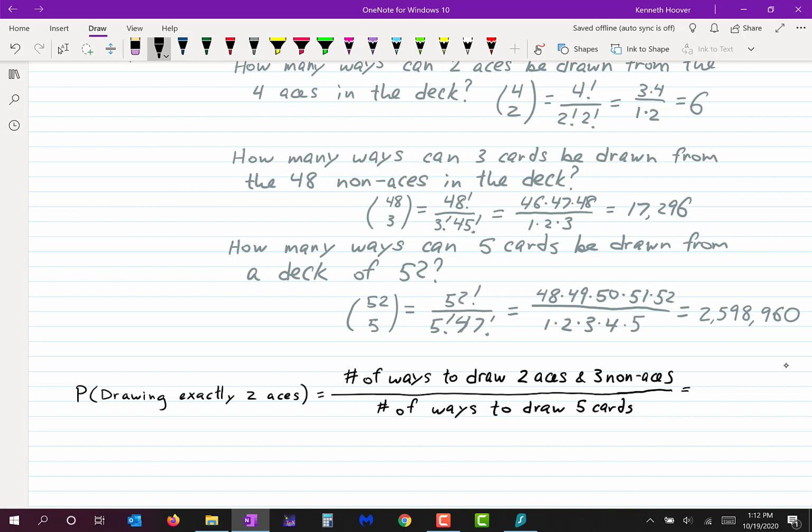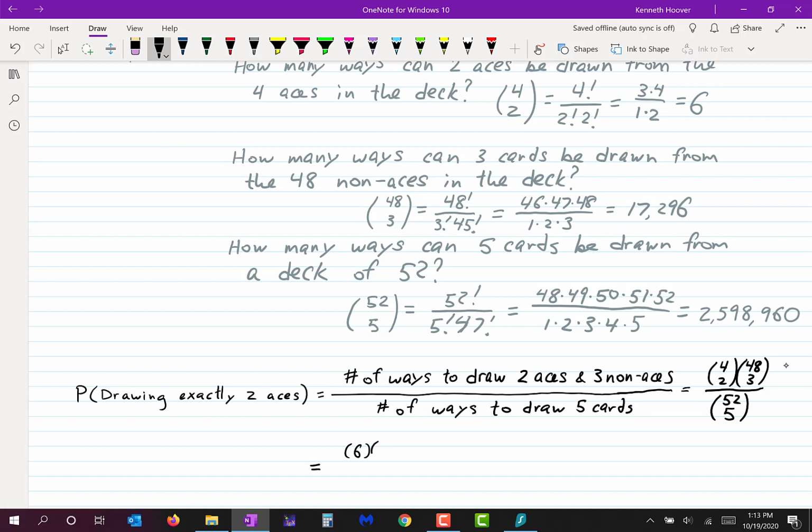And so that equals exactly this. Drawing 2 of the 4 aces, you can do it that many ways, which is 6. Drawing 3 of the 48 non-aces, you multiply those together and then divide by drawing 5 out of 52 cards. So what's the answer?